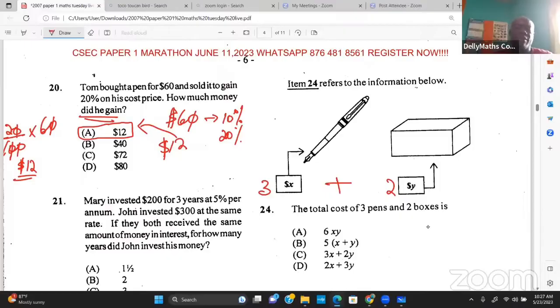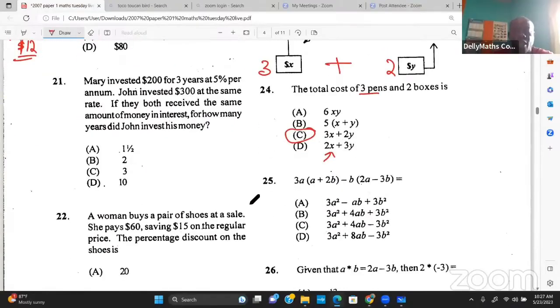So I'm going to look for 3x plus 2y. And here it is. But you have to make sure that you pay attention to the details, because if you flip around it, look at that. There is a nice distractor. So X is for pens, and you need 3 pens. You want to make sure that you're not making any error right there.